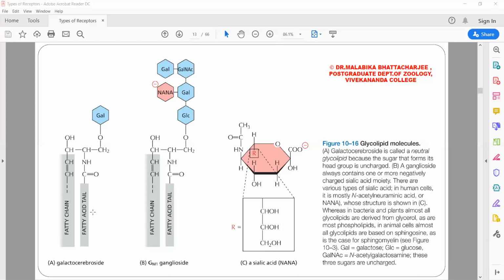This is a neutral glycolipid, but this is a negatively charged glycolipid. This glycolipid is of special importance, as I said, because it contains sialic acid, a special component of the plasma membrane of human cells.